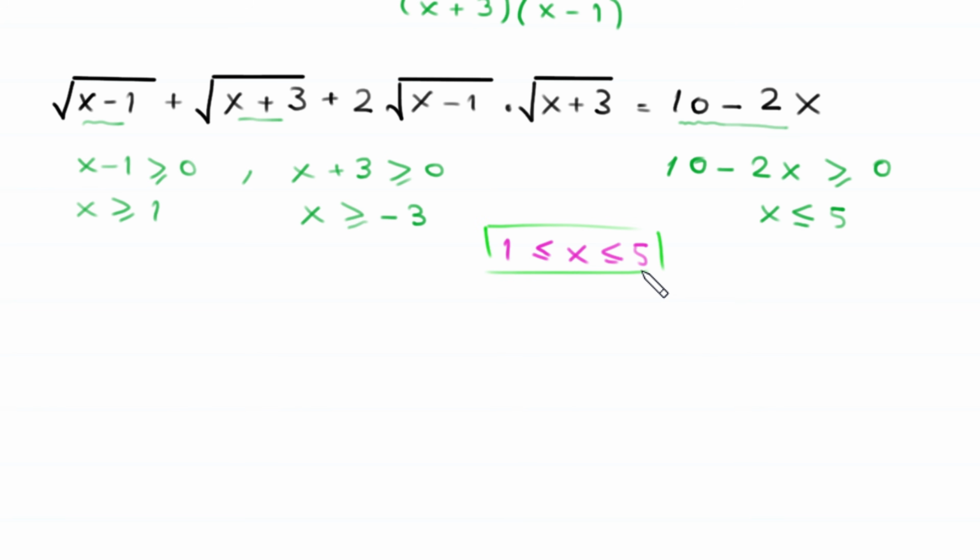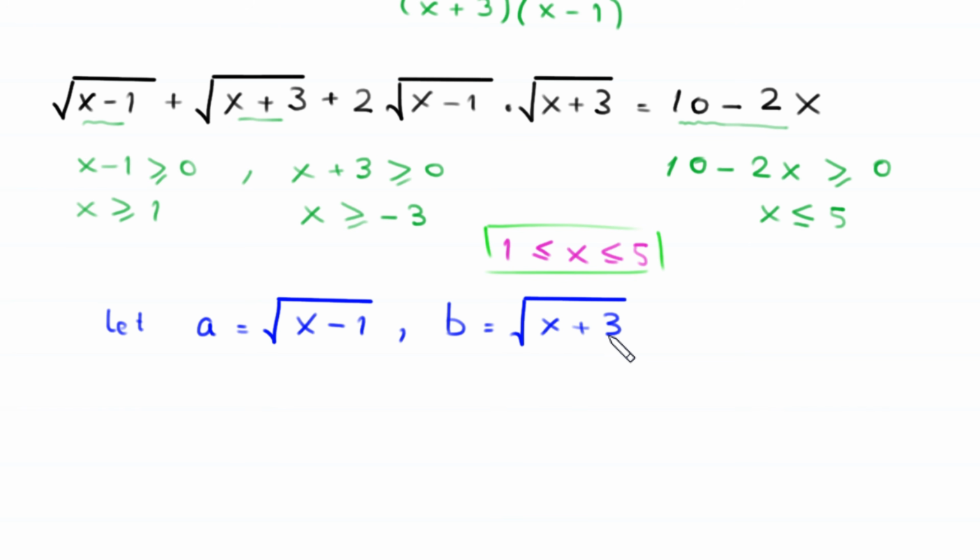Now to simplify the solution, let a equal the square root of x minus 1, and let b equal the square root of x plus 3. If we square both sides, a squared equals x minus 1, and b squared equals x plus 3.